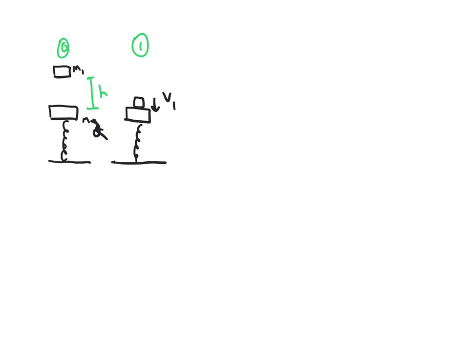Okay, so the first thing that happens is that the turkey falls through a height h, and it's not interacting with anything but the Earth, so we can just use energy conservation and say that the energy when dropped is the energy right before the collision. Where is it?